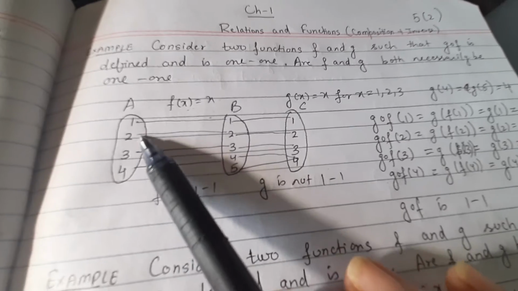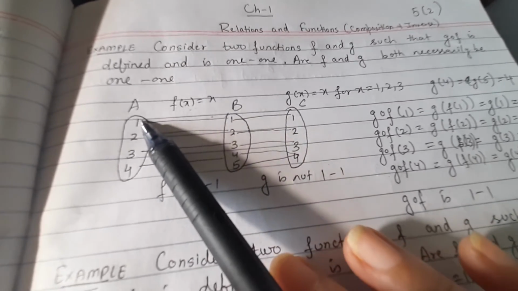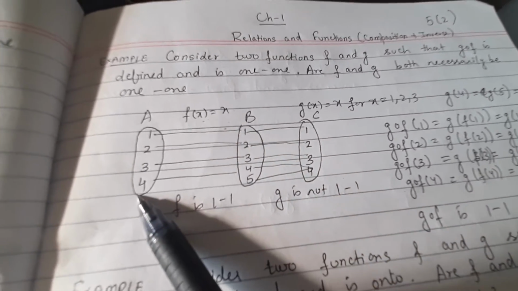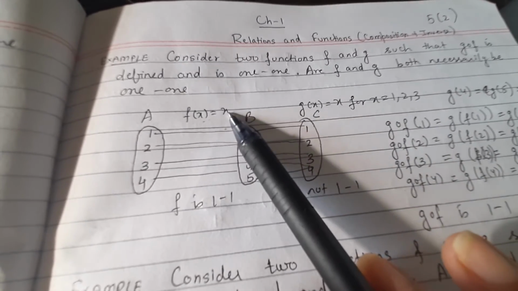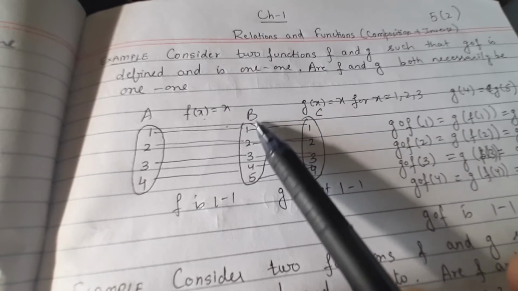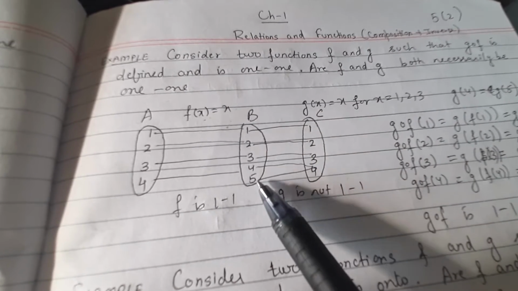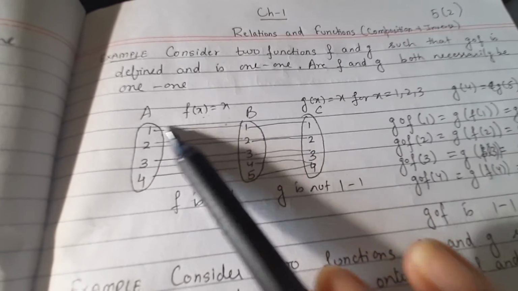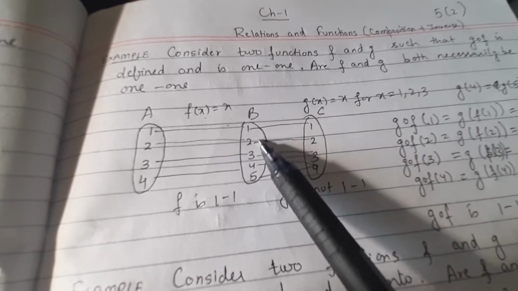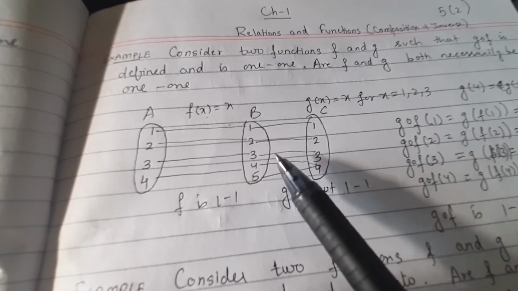I have taken a set A which consists of the elements 1, 2, 3, 4, and f is a function from A to B defined as f(x) = x. So obviously B will also contain 1, 2, 3, 4, and it contains 5 also. So f(1) will be 1, f(2) will be 2, f(3) is 3, f(4) is 4.